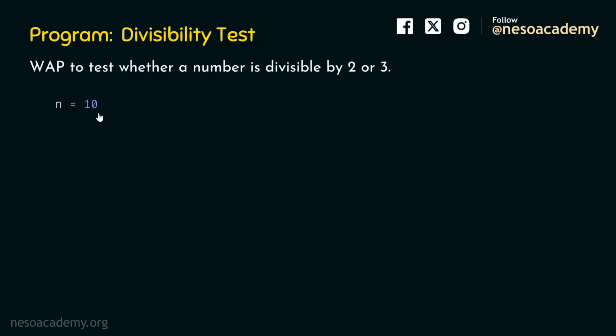Now, let's check whether this number is divisible by 2 or not. How to check whether this number is divisible by 2? We can divide this number by 2 and check its remainder. If the remainder turns out to be 0, then this number is divisible by 2. So let's check this now.